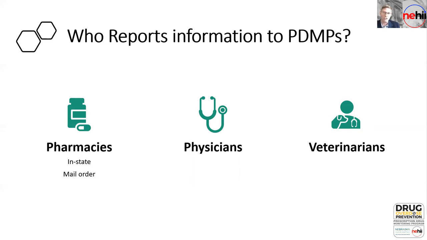However, there are reports where the patients' owners or clients are abusing the medications meant for their patients. So it's important now to capture what's being reported by veterinarians to make sure those animal owners aren't abusing those prescriptions.